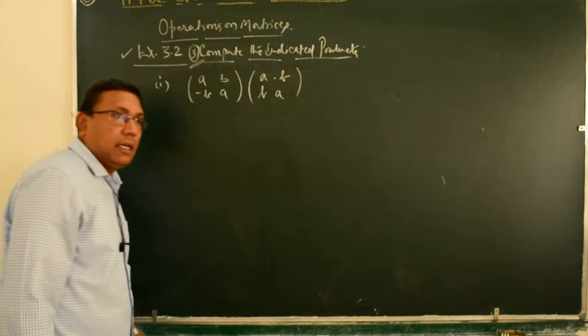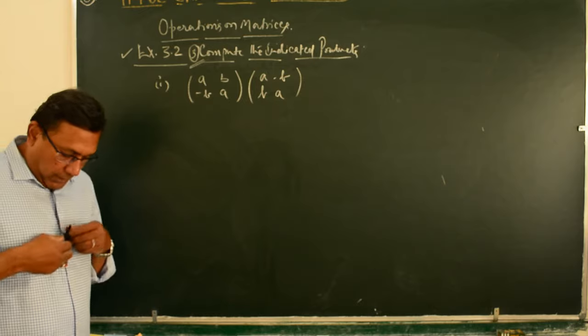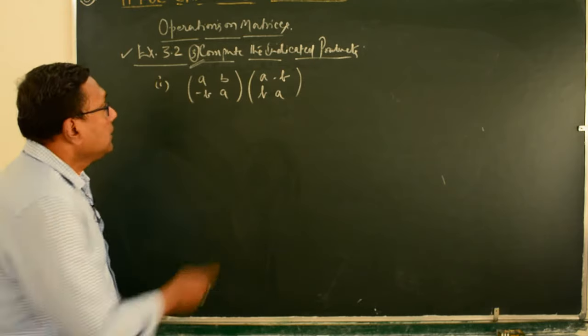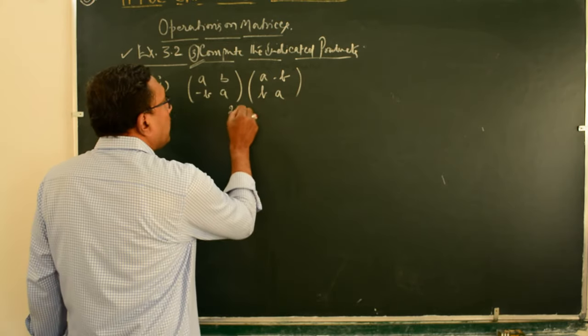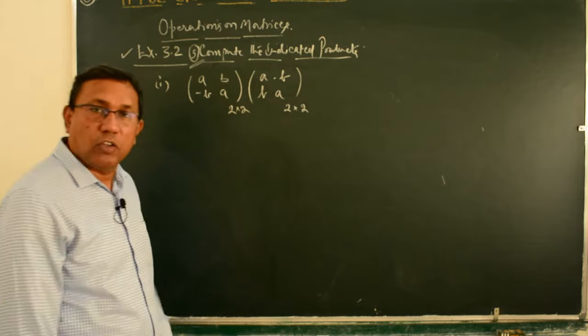Let's check the order of the matrix. It is 2 by 2 and it is 2 by 2. Hence, the resultant matrix will also be a 2 by 2.